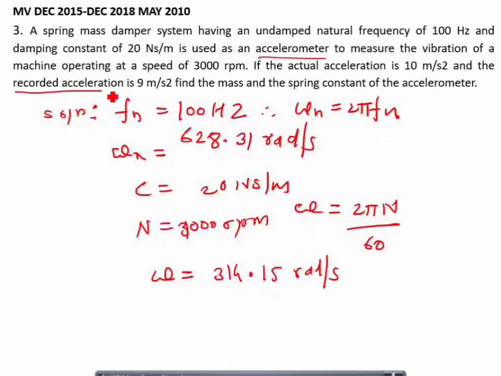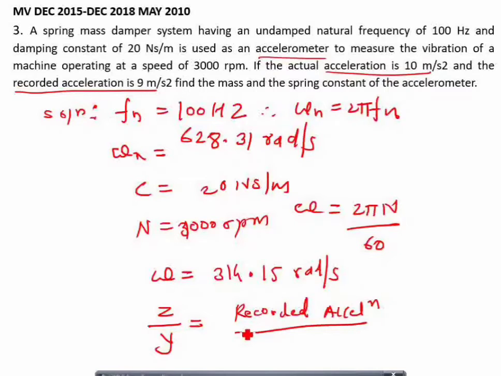Now the actual acceleration is 10 meter per second square and the recorded acceleration is 9 meter per second square. I have already explained that the amplitude ratio z upon y is the recorded motion. Since we are not measuring displacement or velocity, instead of recorded motion you can write recorded acceleration upon actual acceleration.